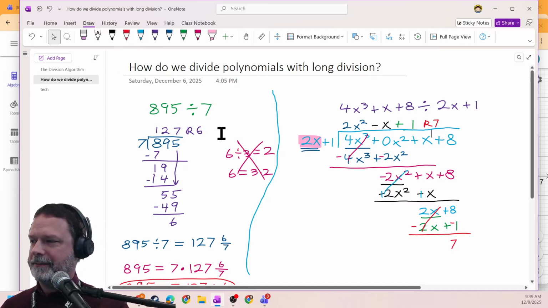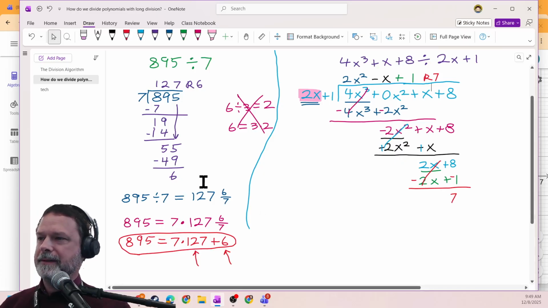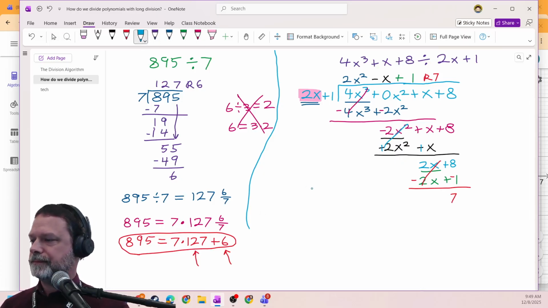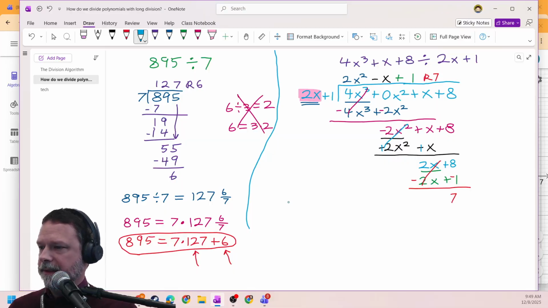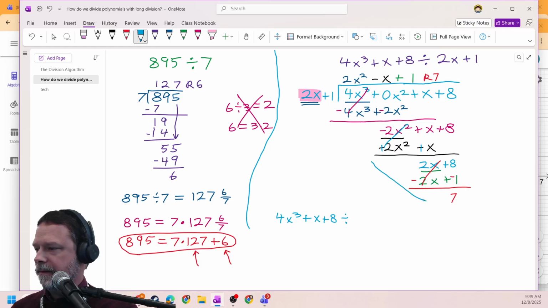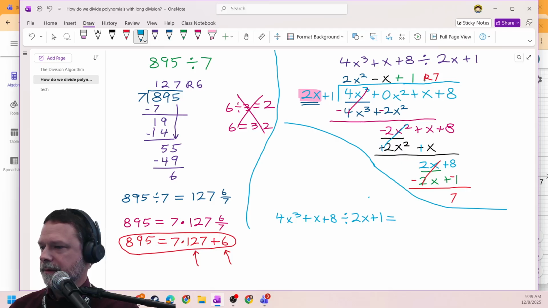Or I could rewrite it a bunch of ways like I did over here. So let's check out those. What other ways are there? We could say 4x cubed plus x plus 8 divided by 2x plus 1 equals all of this.